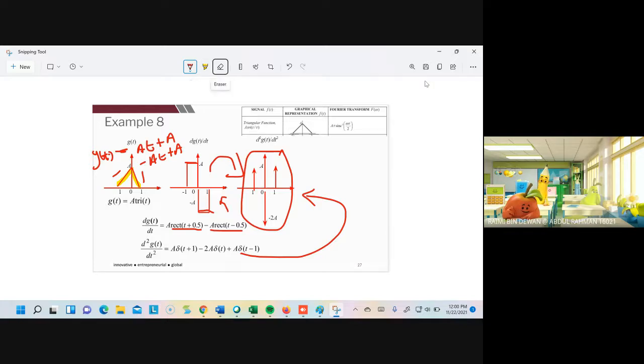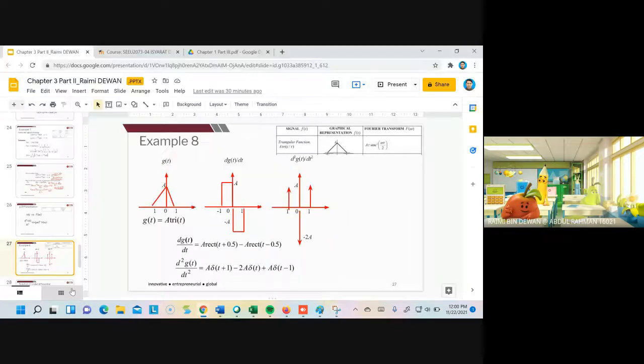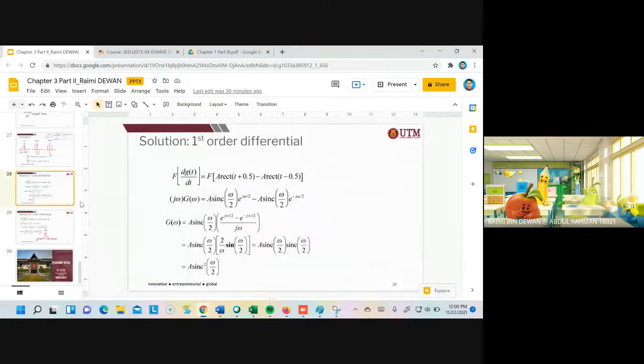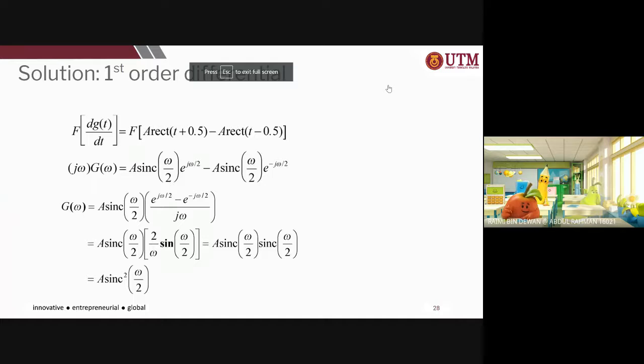There is also an advantage in this. If it's first order differentiation, you have the rectangular, and this is the result of your dg/dt.